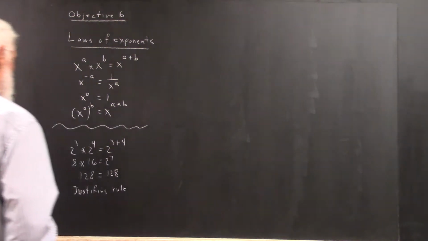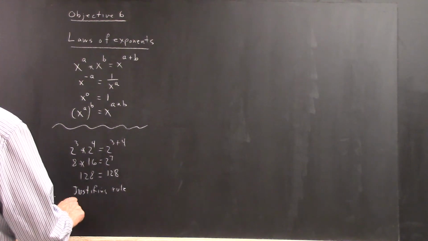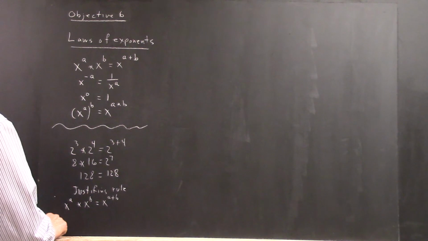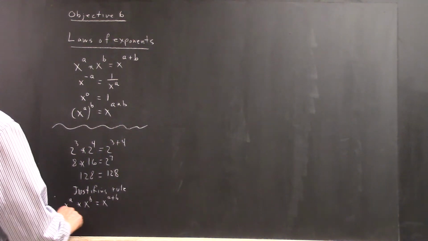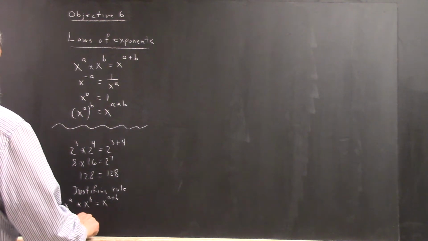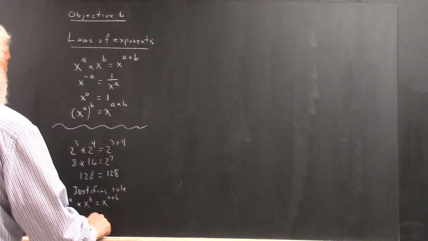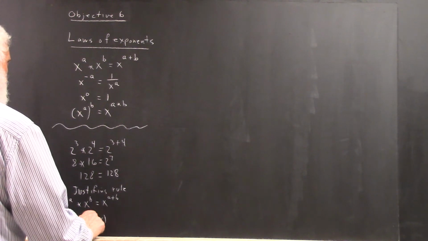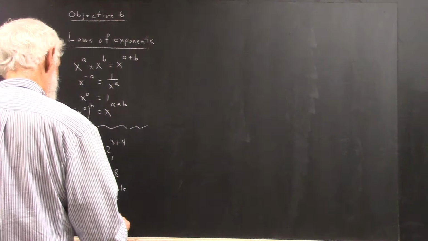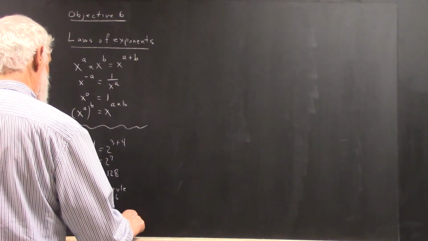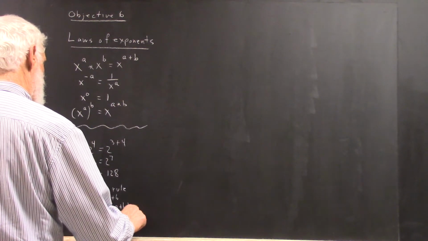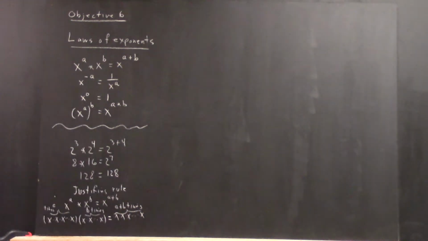the rule. But to prove the rule, we would write this out as x times x times x times x, a times, there's your x to the a, and you multiply that by x times x, etc., ending up with x, b times, and this would be a plus b times, and clearly this is true.